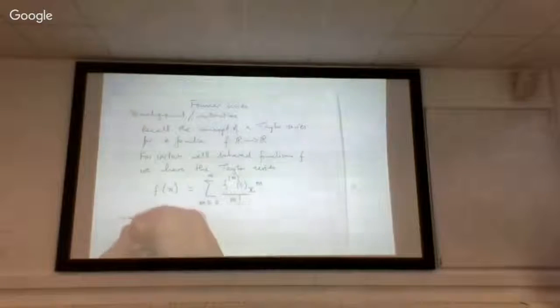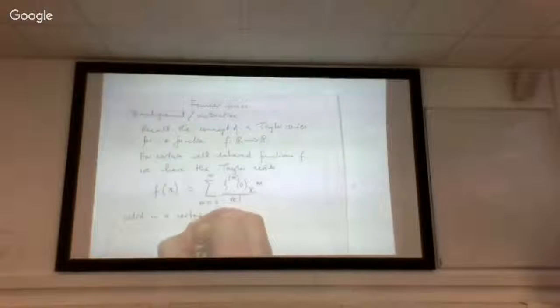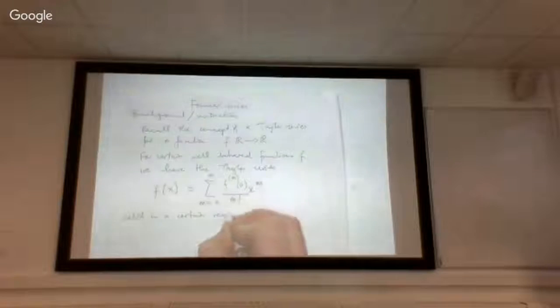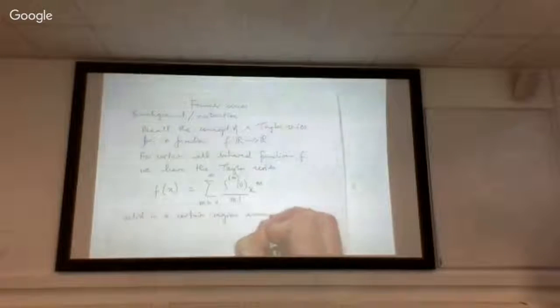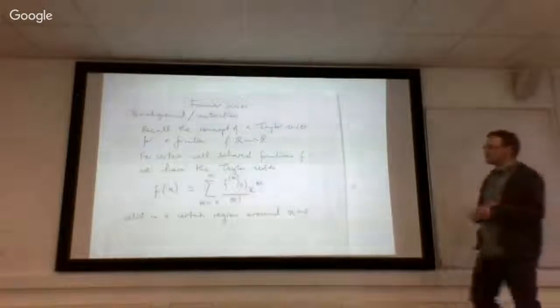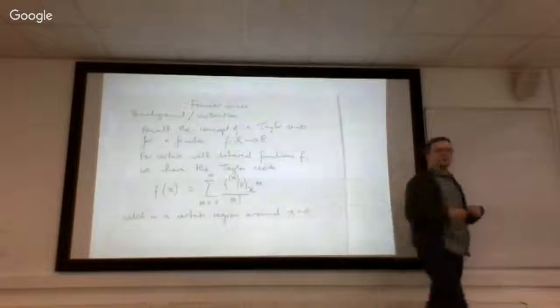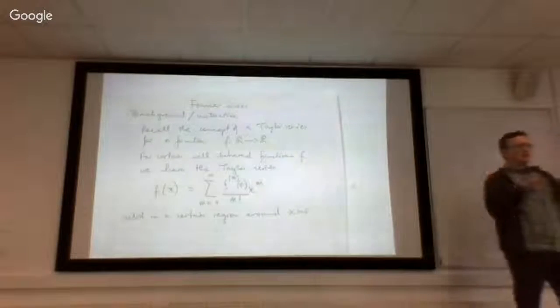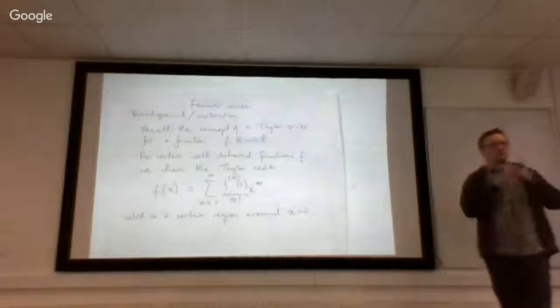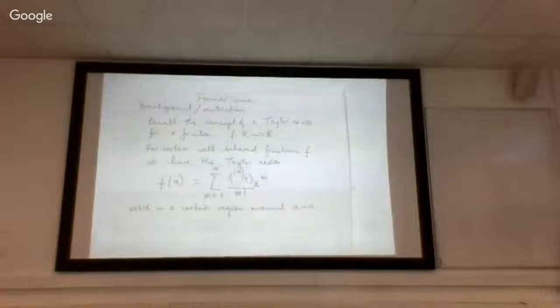This will be valid in a certain region around the base point 0. For some functions, this Taylor series will be valid across the whole of the real numbers. For other ones, it's only valid in a certain interval around 0. That's dependent on the function f.